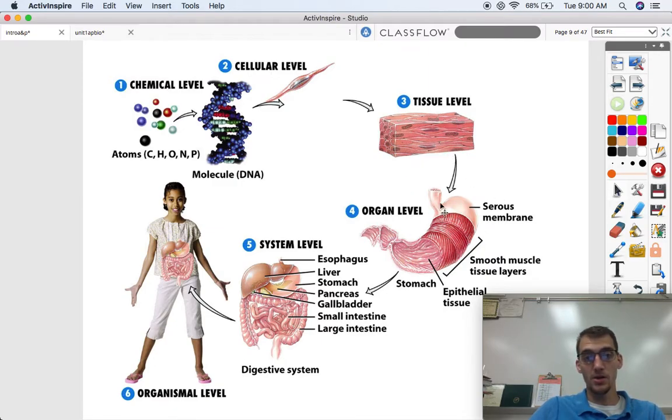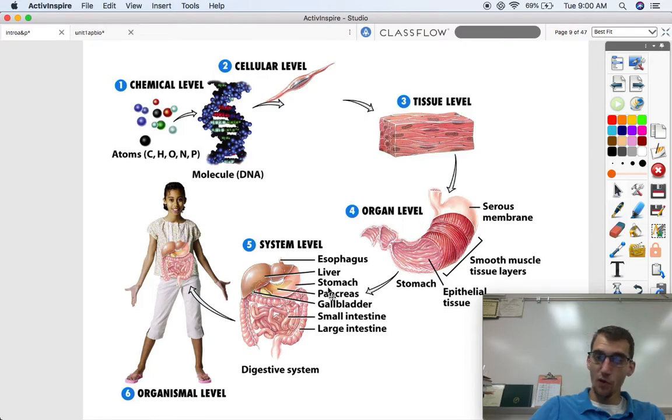So take a look at our stomach here. Our stomach is made up of several different types of tissue, like epithelial tissue, smooth muscle. It has a membrane covering it that is made up of another type of tissue. And so we might be familiar with organs, you know, your stomach, your gallbladder, liver, your heart, lungs. Those are all organs, but all of these organs are made up of many types of tissues.